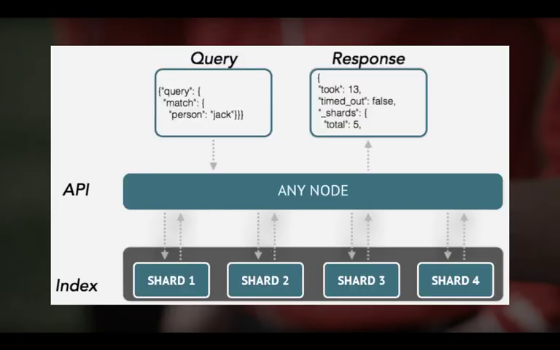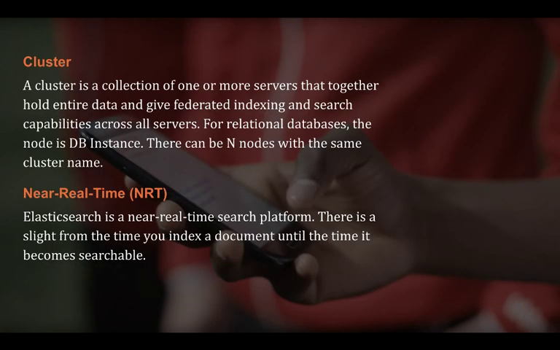As you have seen in the previous diagram, we have multiple shards in one index. When we create an Elasticsearch server, we create a cluster. So let's see what a cluster is. A cluster is a collection of one or more servers that together hold the entire data and give federated indexing and search capabilities across all servers.